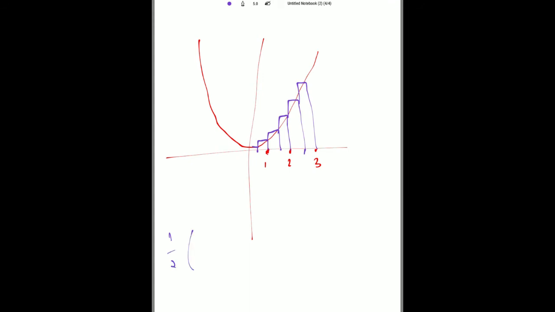But looking at this, the base will always be half, times the height. Let's square each of these values: 0.25 plus 1 plus 2.25 plus 4 plus 6.25 plus 9. And all of this sums to give us 11.375 units squared.